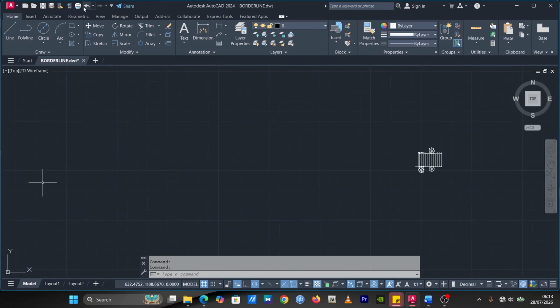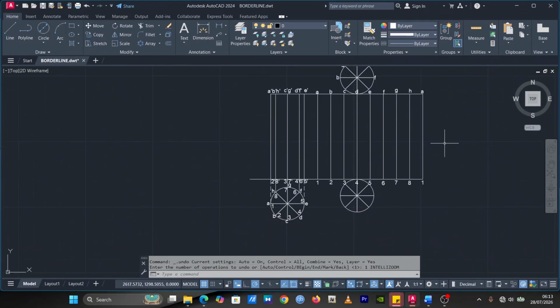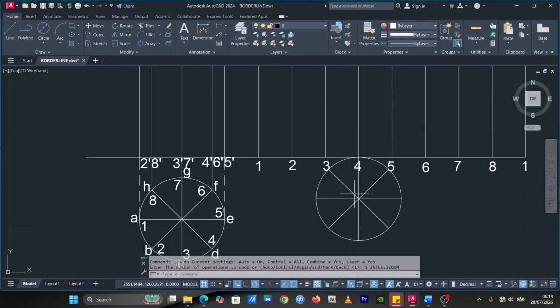So we are going to do the same for this side too. Since we have here to be 3, 4, 5, 6, 7, 8, here will be 2, 1. So we are going to pick this.